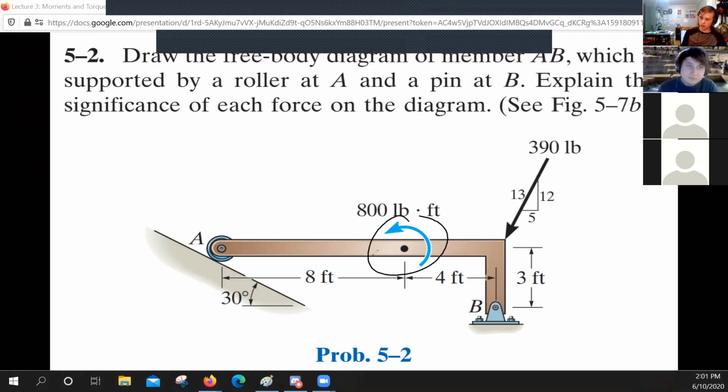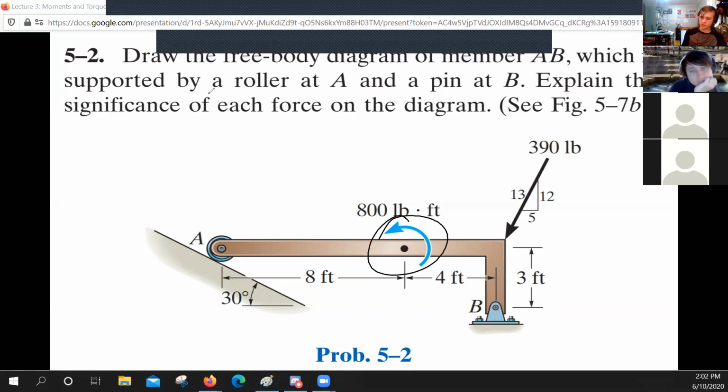Now we have a moment here, and we're going to have a moment here. Theoretically, we could have a moment here, but we're not going to do it. Luckily, this is a pin joint, so we don't have to say there's already a moment here, but we could take the moment around that point.